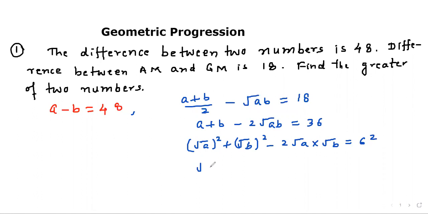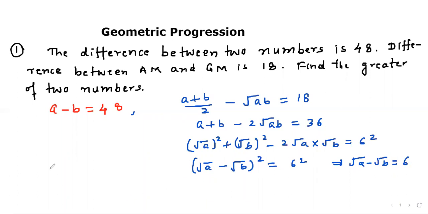This can be written as (root A minus root B) whole square equals 6 square, from where we get root A minus root B equal to 6.